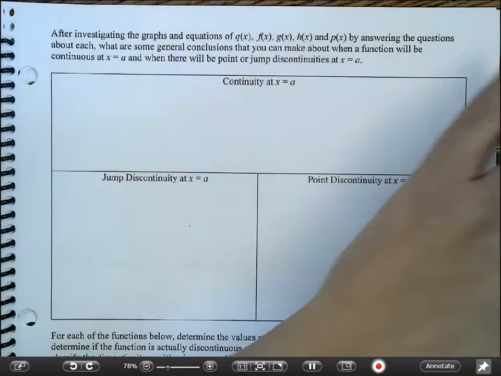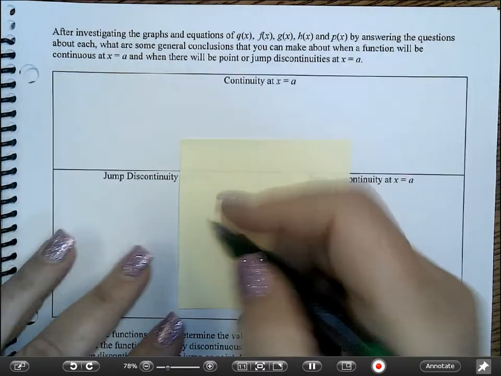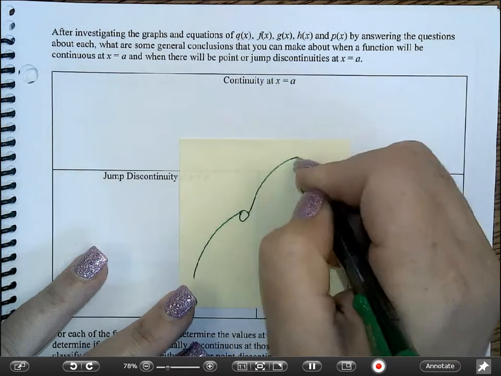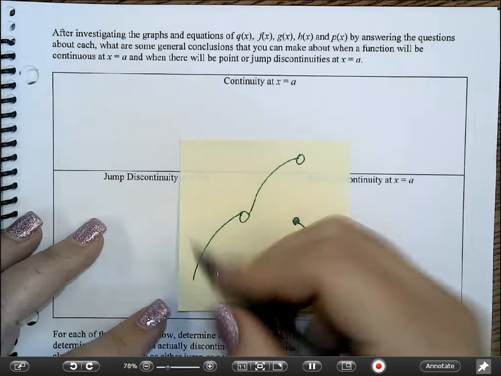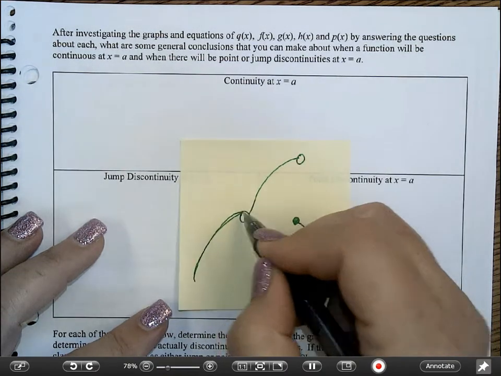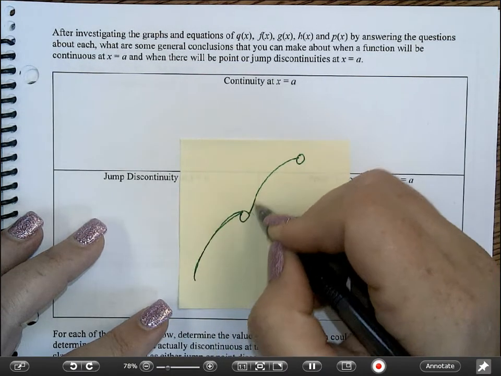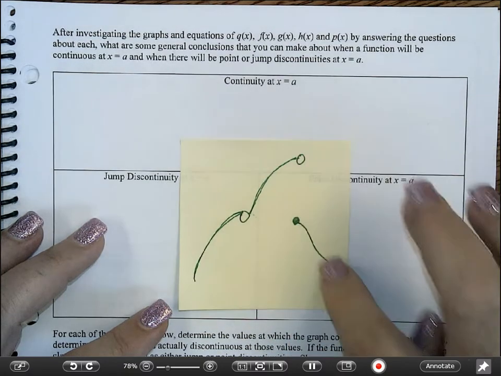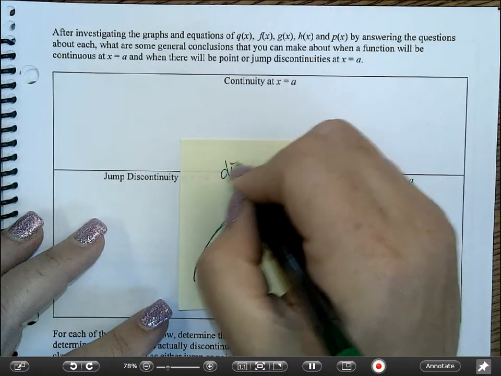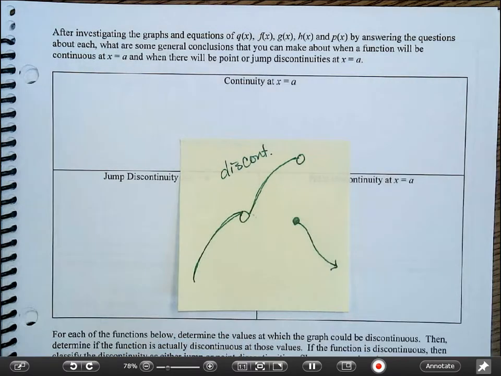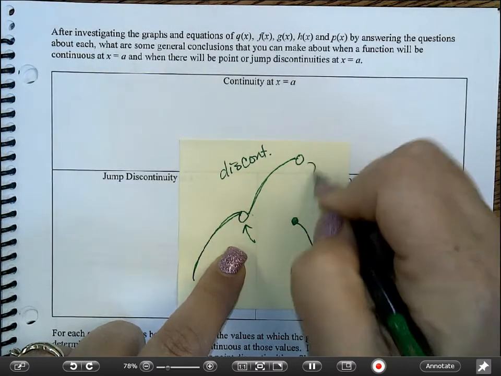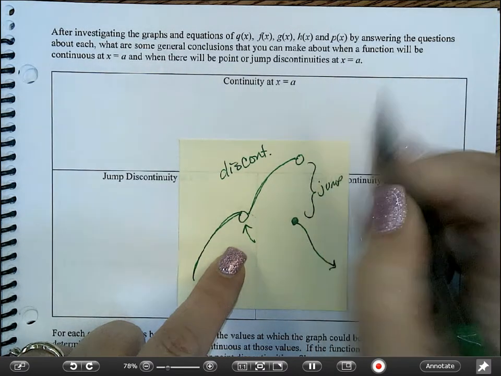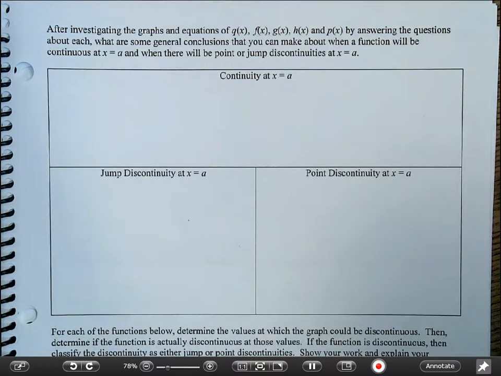However, if I have something where I can trace it, but then I have to lift up my pen or my finger, then we have discontinuity. And then there's two types. There's a point discontinuity, and then there's a jump. Okay, so that's more of an informal, big picture idea.